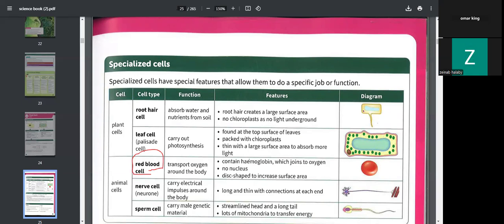It contains hemoglobin, which joins to oxygen. Number two, it has no nucleus. Number three, it has a disc shape to increase surface area.